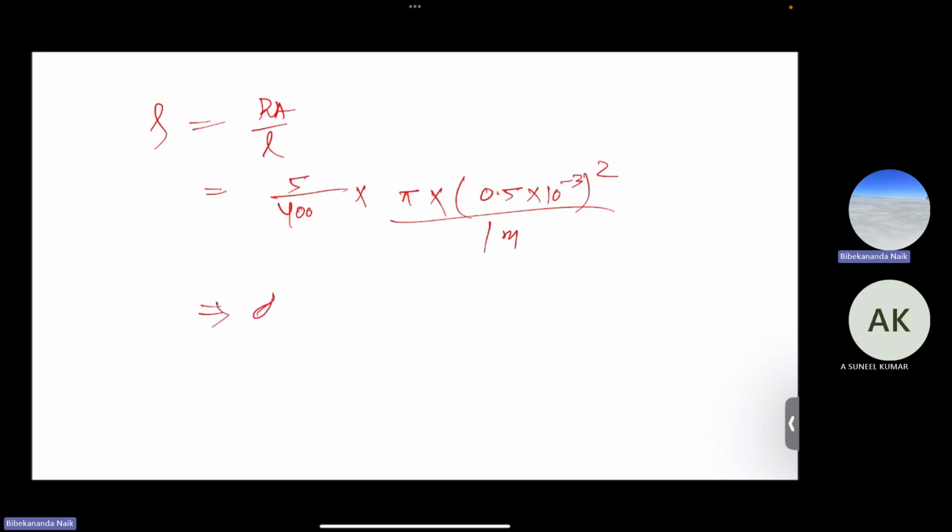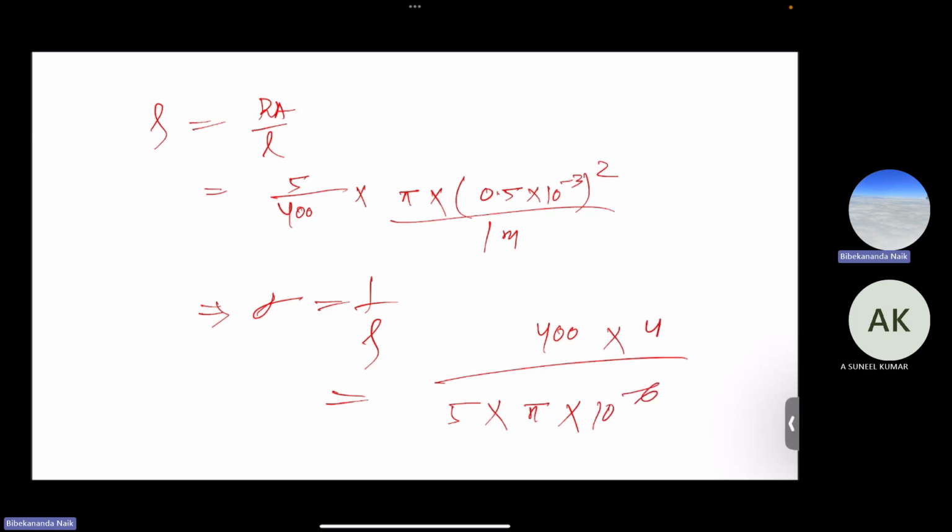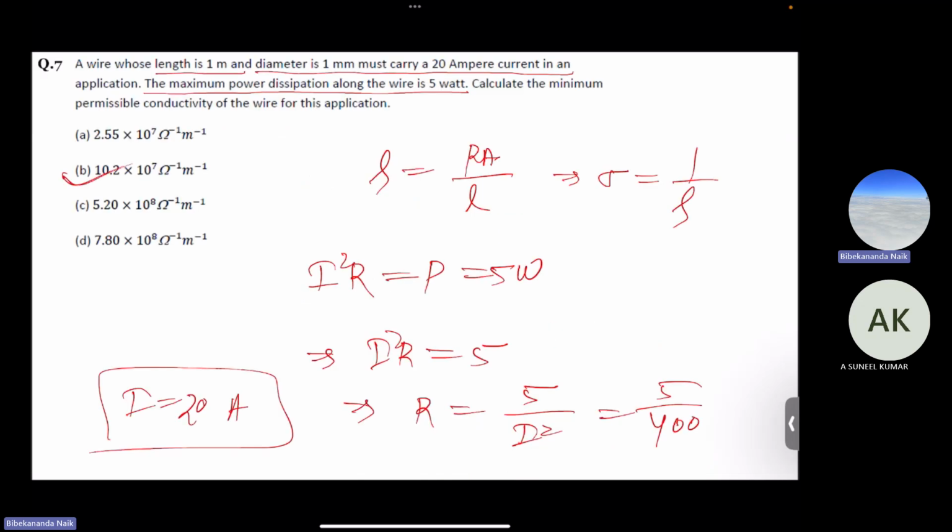So again, conductivity is 1 by resistivity, so it will be 400 divided by 5 into pi into 10 to the power minus 6, with 4 in the numerator, because it will be 1 by 2 square, that is 1 by 4. So it will be 10.2 into 10 to the power 7 ohm inverse meter inverse.